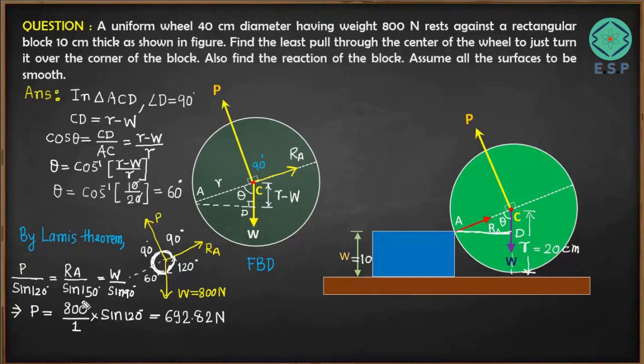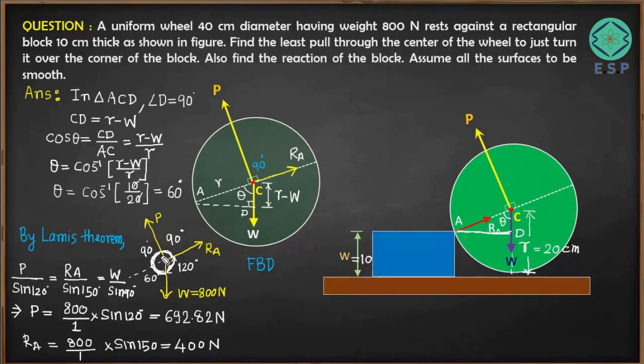And if you take RA divided by sine 150 and W divided by sine 90, you'll get RA equals W, that is 800, sine 90 is 1, into sine 150. This value is going to be 400 newtons.